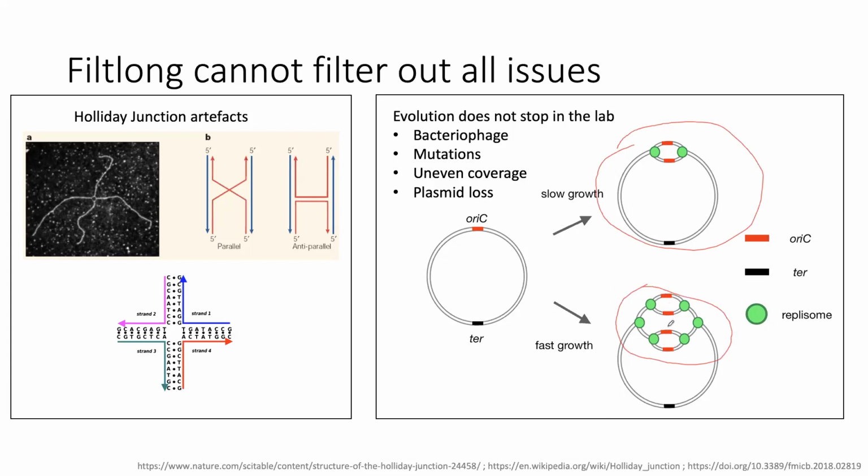These are all origins of replication at the top, and at the bottom is the termination sequence. So the top here is going to have higher coverage than the bottom here. So you're going to have uneven coverage in your genomes. Additionally, there are going to be some intrinsic properties of the DNA that just aren't going to let it sequence, or that are going to make it less likely to sequence.